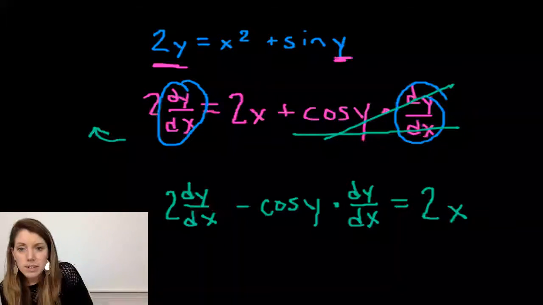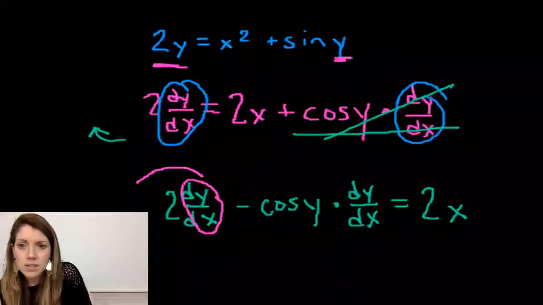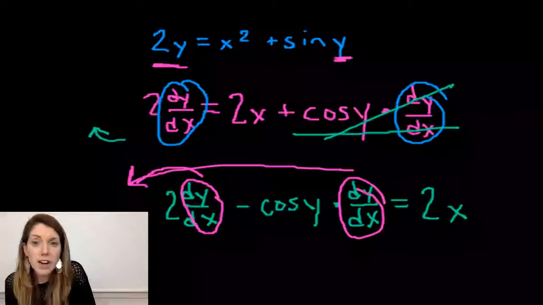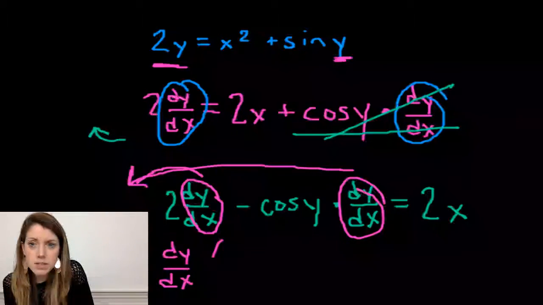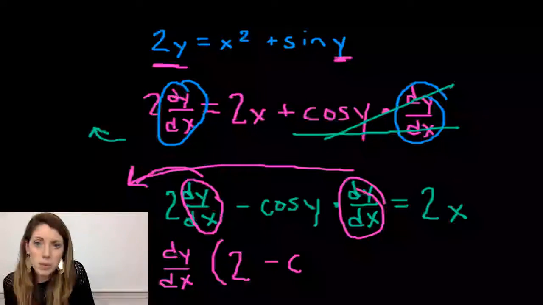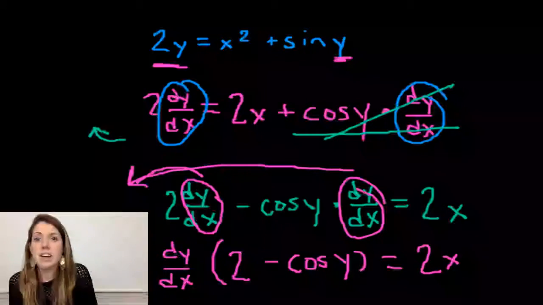I'm going to keep alternating our colors so that we can see each step. Let's take that dy dx and pull it to the front of this expression. We'll use parentheses. What we have left in this first term is just 2. What we have left in the second term is just cosine y. And then, of course, on the other side of the equation, we just have 2x.